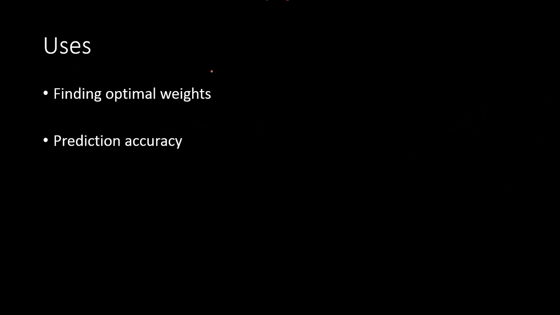Alright, so what are the uses? I've already said that we use lasso and ridge to overcome overfitting. Secondly, to select the best possible set of features for a model, so that the prediction accuracy is quite good. That's the intention of using L1 and L2 regularization. Finding optimal weights is a challenge. So what is the optimal weight when using L1 and L2?